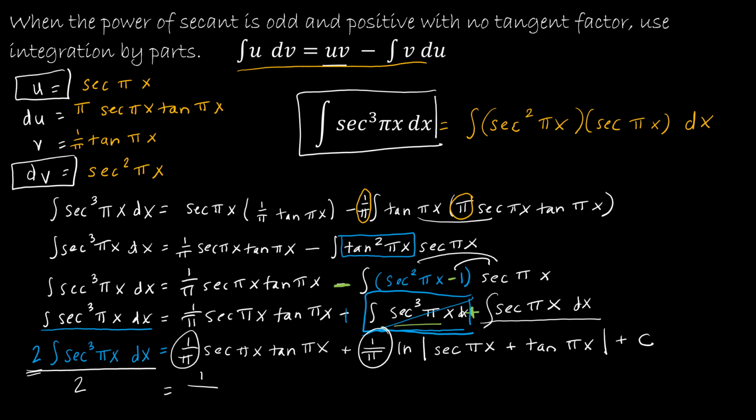So I actually have 1 over 2 pi times everything that I have left, which is secant pi x tangent pi x, and then plus the natural log of the absolute value of the secant of pi x plus the tangent of pi x, and then plus c. And that is your final answer.